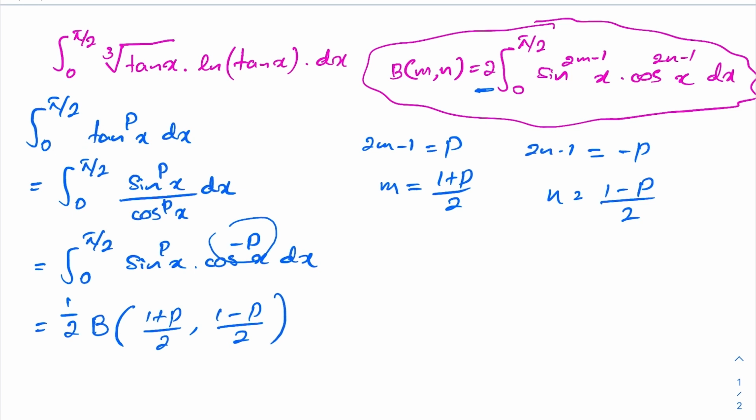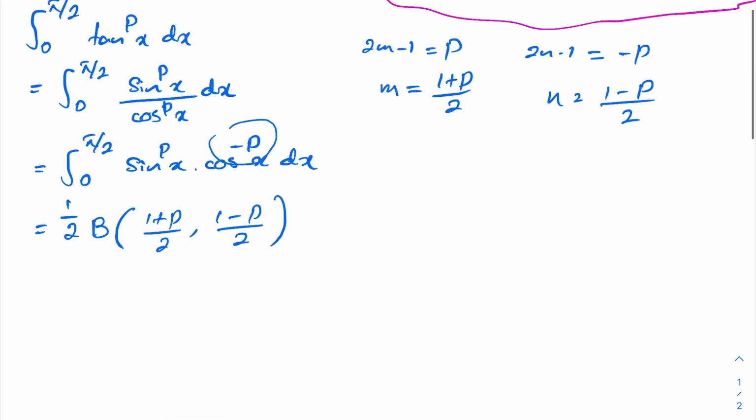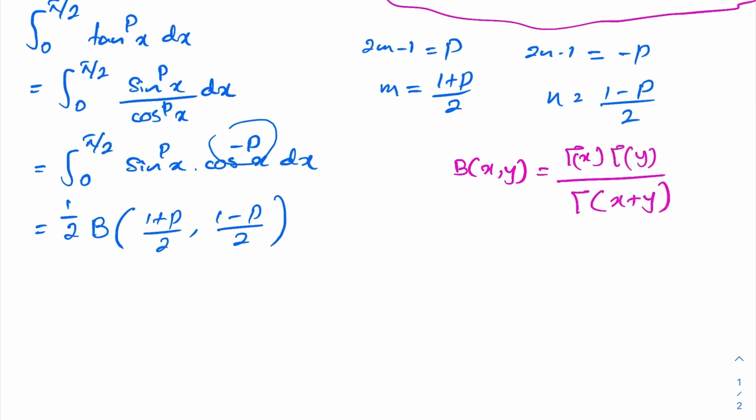Okay, then here the beta function. Now we know the relation between the gamma function and the beta function. Beta of x, y is equal to gamma of x gamma of y over gamma of x plus y. So now we can write 1 half gamma of 1 plus p over 2 times gamma of 1 minus p over 2 over gamma of x plus y.